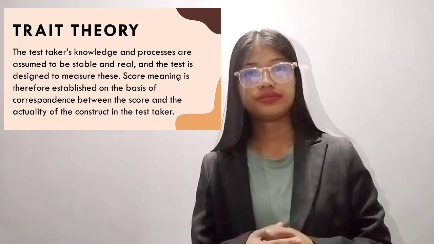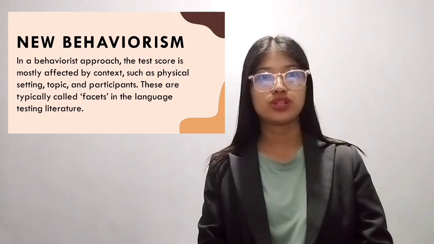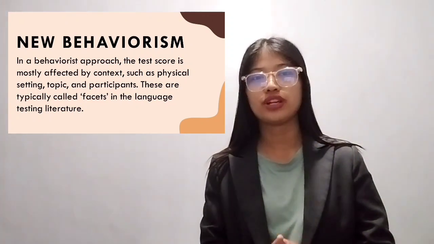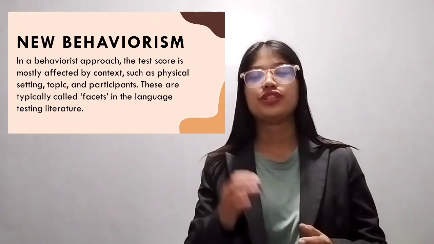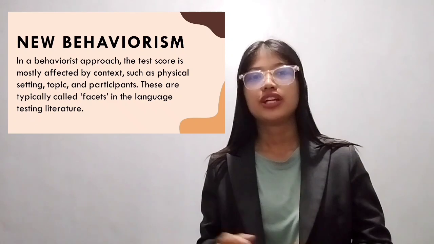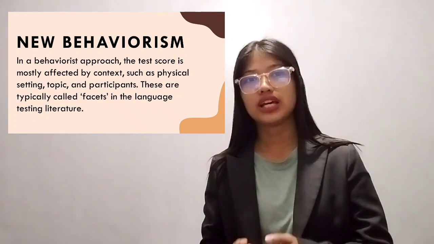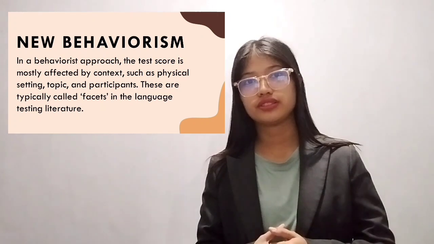New behaviorism. In a behaviorist approach, the test score is mostly affected by context, such as physical setting, topic, and participants. These are typically called facets in the language testing literature.